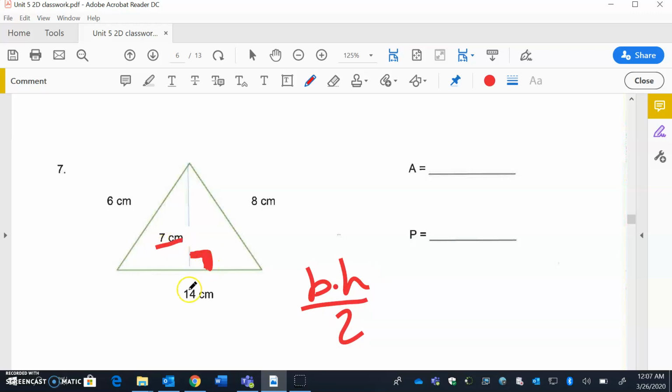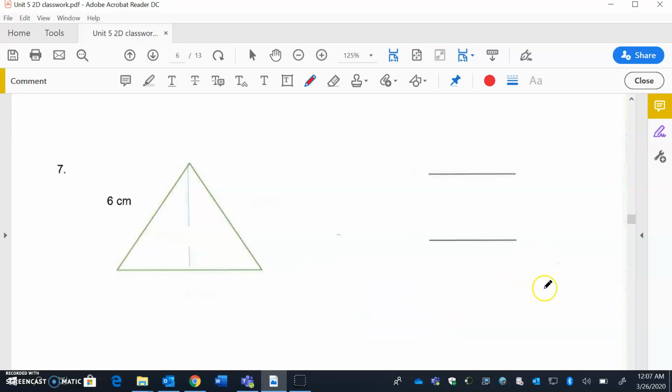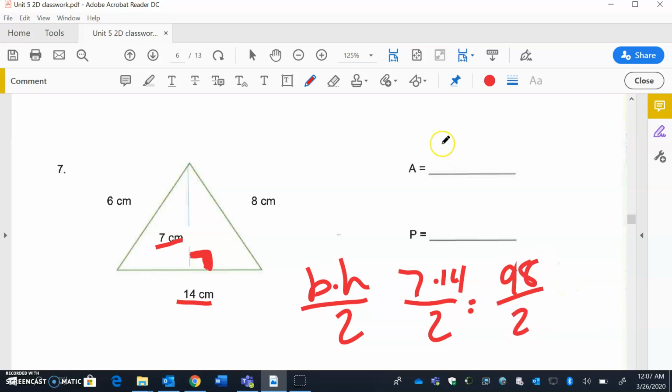It is the number 7 and it is the number 14. So we're going to do 7 times 14 and divide it by 2. Yeah, a little mental math or your friendly calculator. I don't mind if it comes out for the show, but that's 98. Chop that in half and you do get 49, oops, centimeters squared.